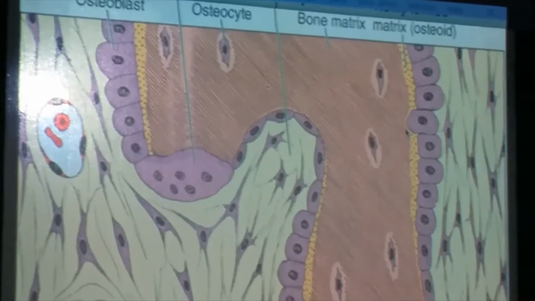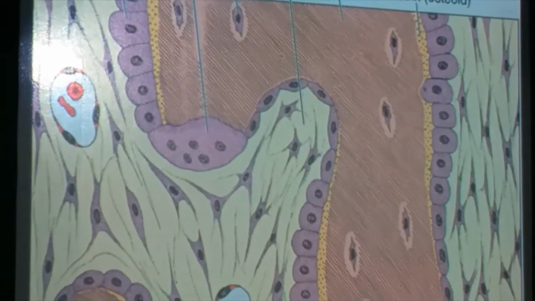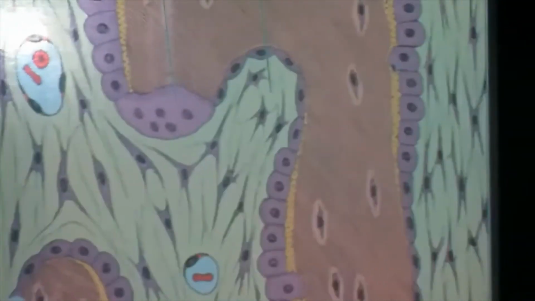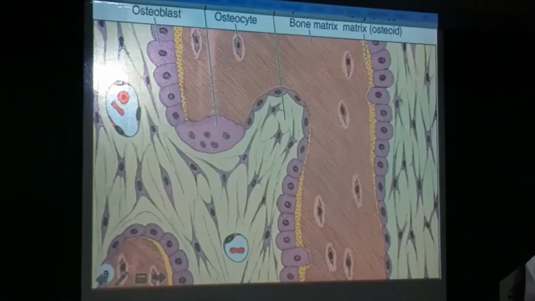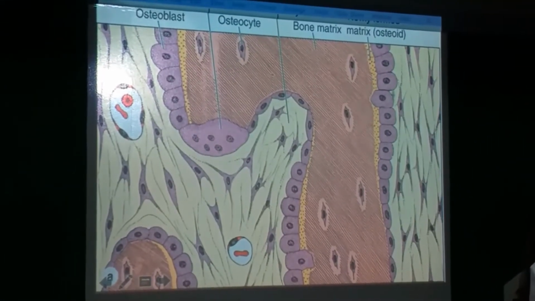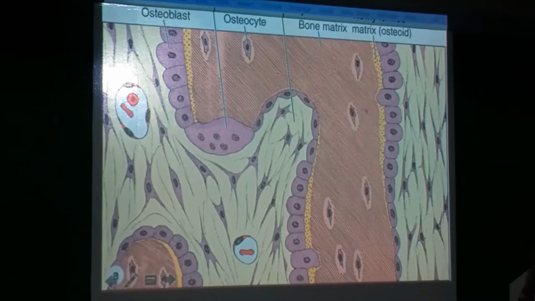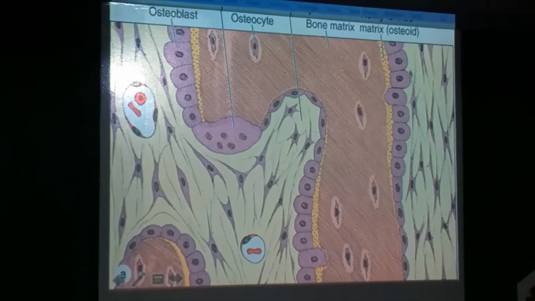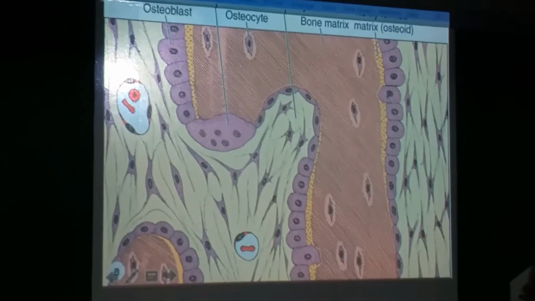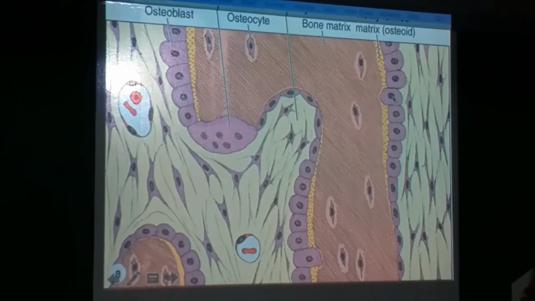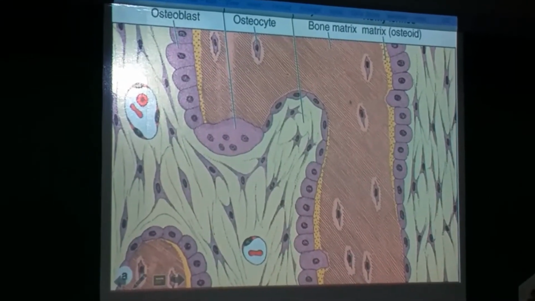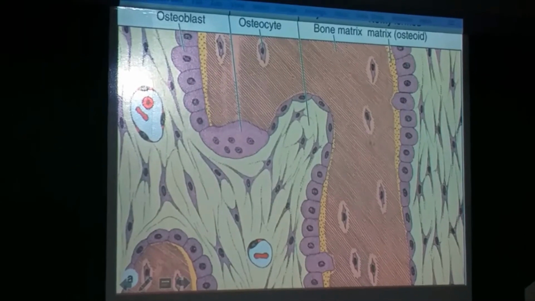The osteoblast, their function is production. They produce the bone formation. Oh, sorry. Bone formation. Okay, look at the screen. Look at the osteoblast. This is the cell that can enter the bone matrix to become an osteocyte.